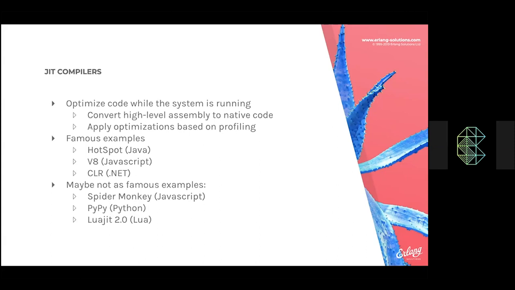Some maybe not as famous, but equally good, are the SpiderMonkey toolkit, which is Mozilla's JavaScript engine, and the PyPy engine, which is a very interesting JIT from a theoretical standpoint, at least, and it's really good for performance as well for Python, but it has problems, as all JIT compilers do. And LuaJIT is also a very interesting machine in the way that it works, I found.